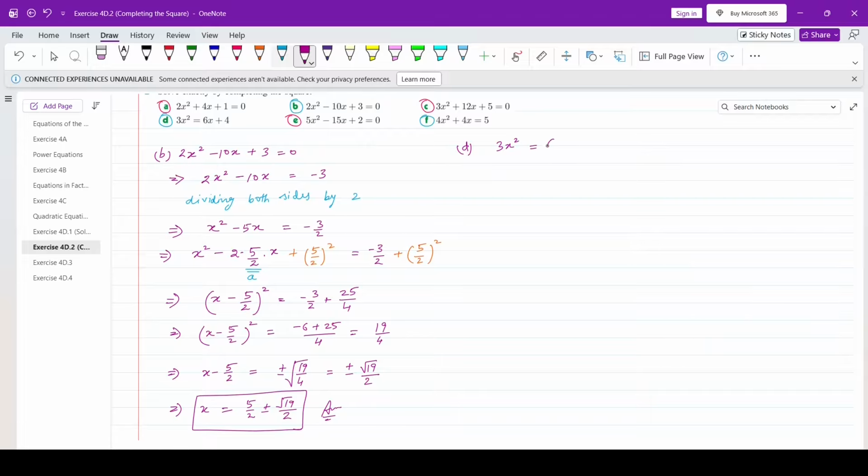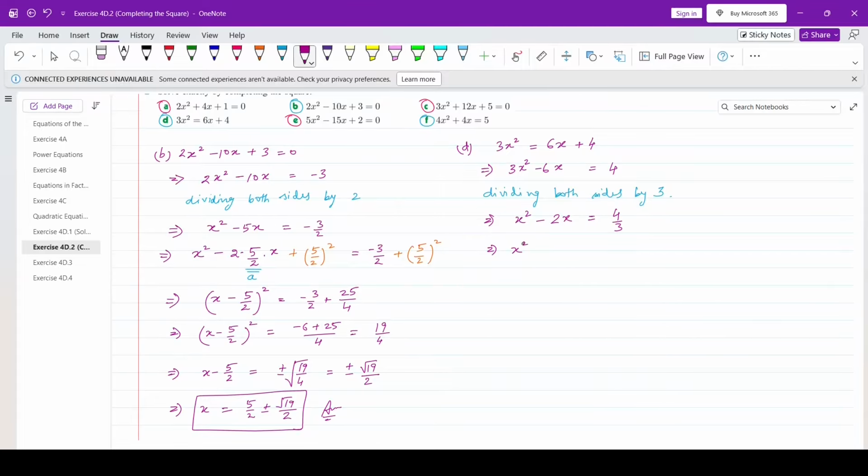3x square is equal to 6x plus 4. So 3x square minus 6x is equal to 4. Dividing both sides by 3, we get x square minus 2x is equal to 4 by 3.